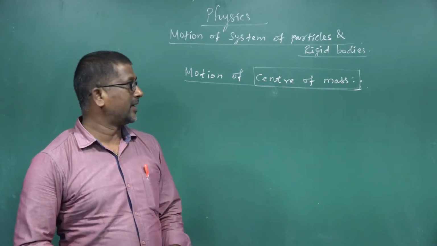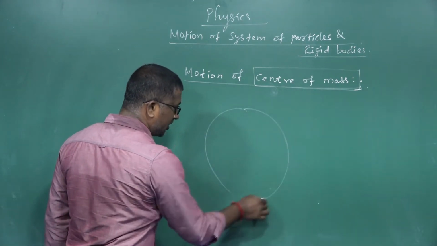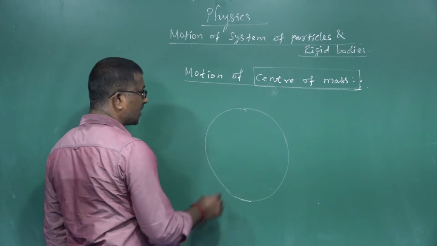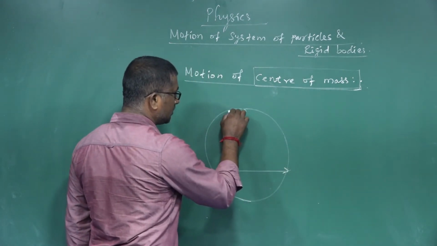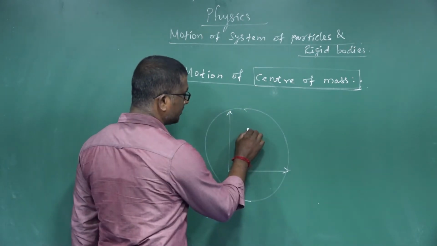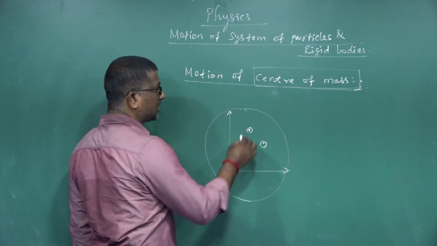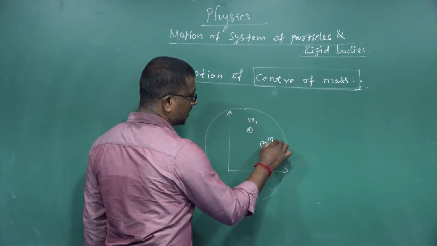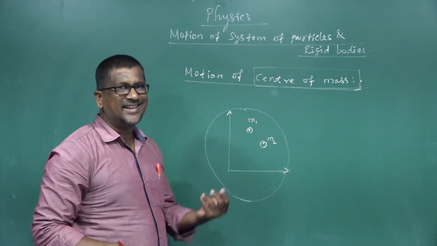Suppose let us consider a rigid body containing two particles of masses m1 and m2. Actually the rigid body contains n number of particles.